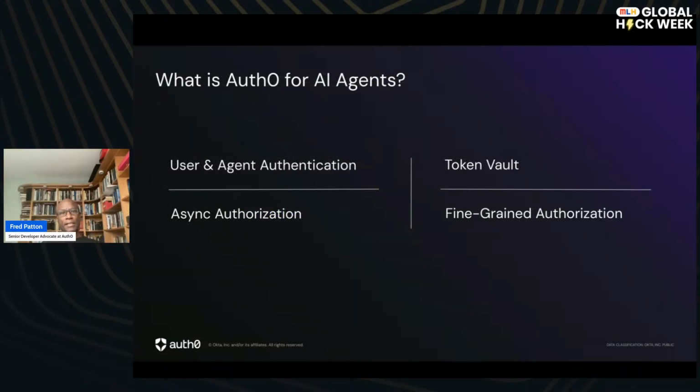So before we get into the demo and the code for the demo, it's based on Auth0 for AI agents, and there's basically 4 key things that it enables you to add more capabilities to your agents. First, we start with user and agent authentication.